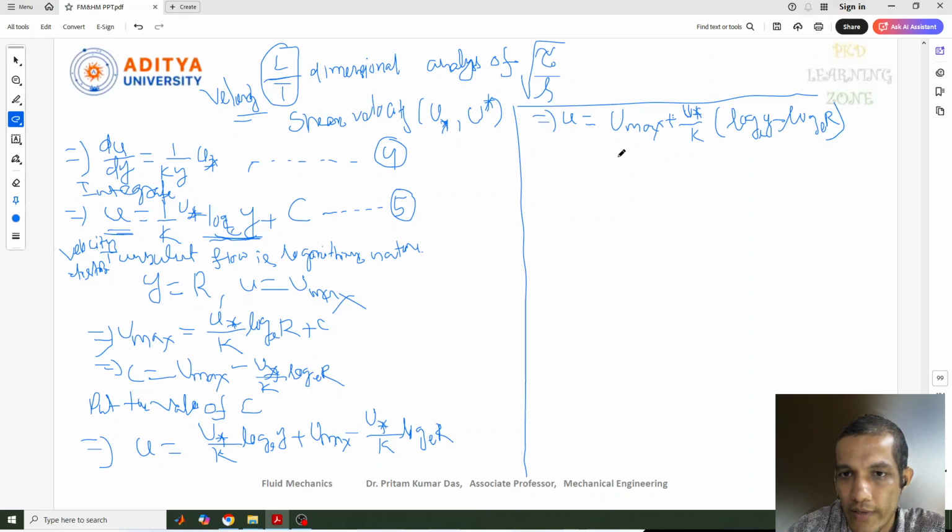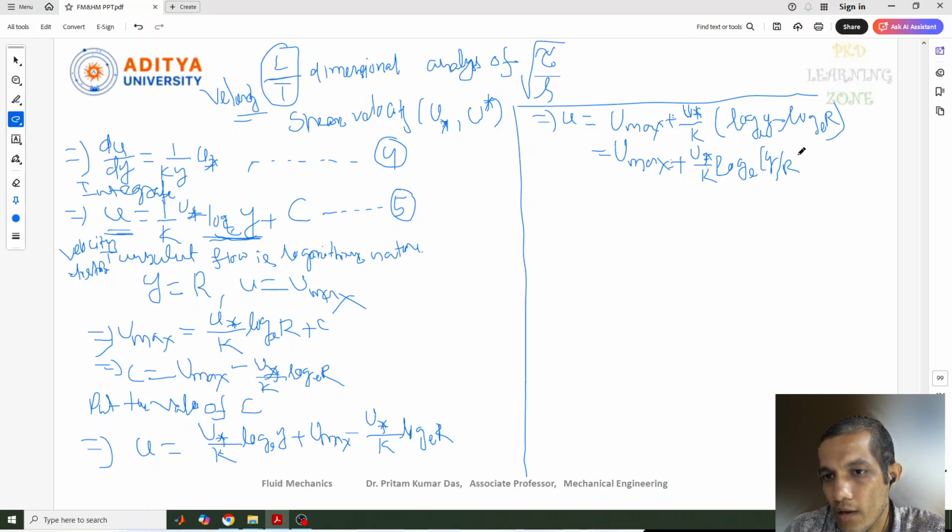Now these things again we can write U max plus U star by K, this is log Y minus log R, that means log A minus log B, that we can write log E Y by R. Okay, this is the equation.